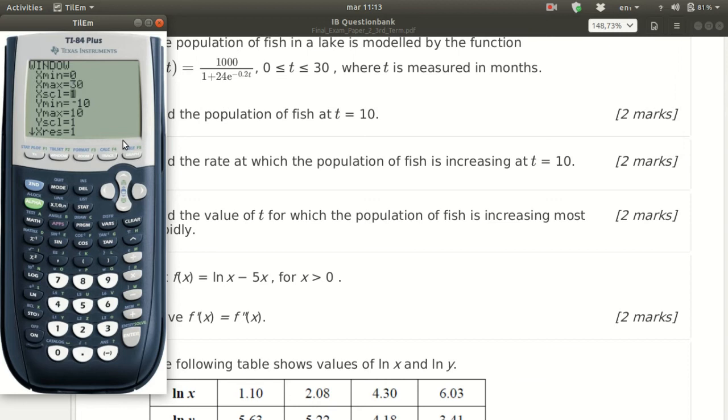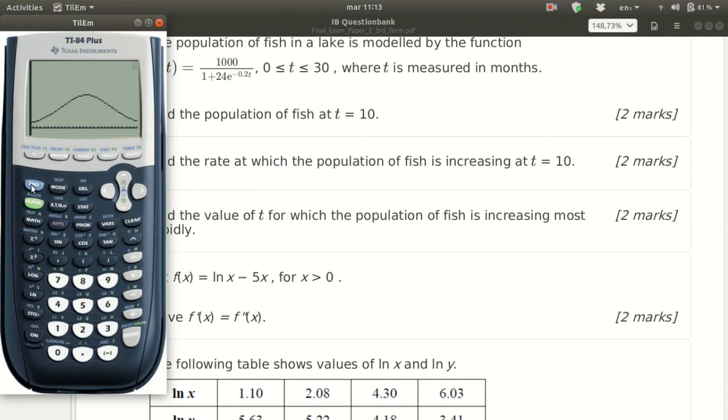All right, and at t equals 10 it was 36, so I'm going to adjust this y scale to like 100. Let's see if it works, and we're going to graph it. And there you can see a maximum.